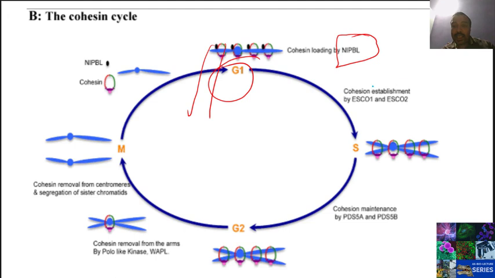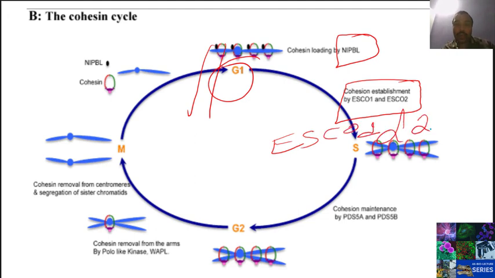So cohesion is established between the sister chromatids by ESCO1 and ESCO2 proteins. It is mediated by acetylation during S phase. We are not entering into the depth of acetylation. Just know the fact that the process of acetylation takes place during this stage. Okay.